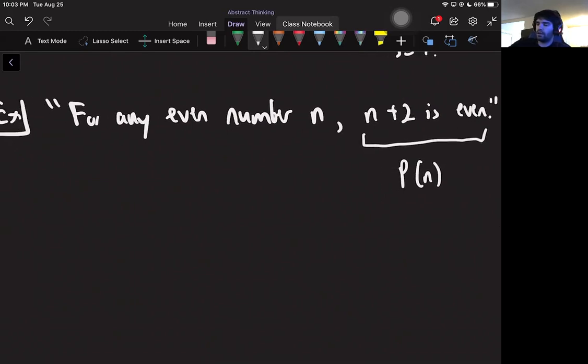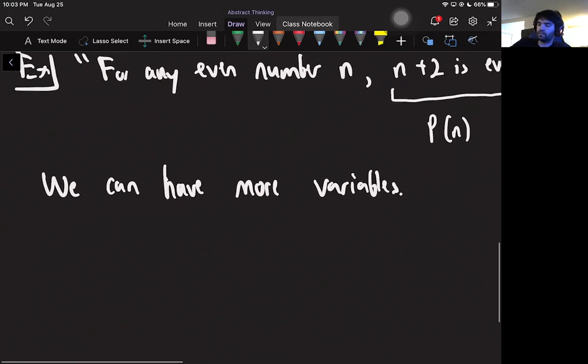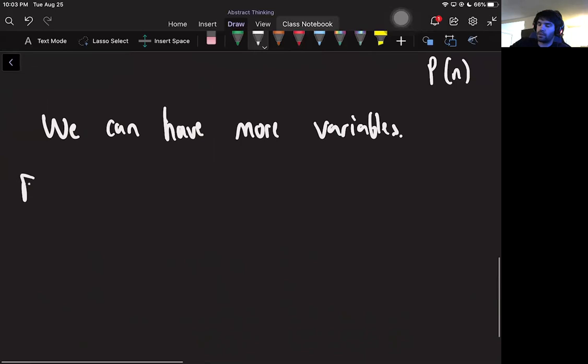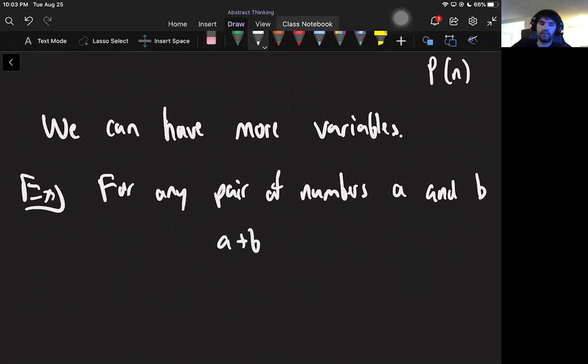And we can also have open sentences or predicates with more variables. So let's do that too. What I mean is something like this. You could say, how about this? For any pair of numbers A and B, and then you say predicate. So like A plus B is 10.